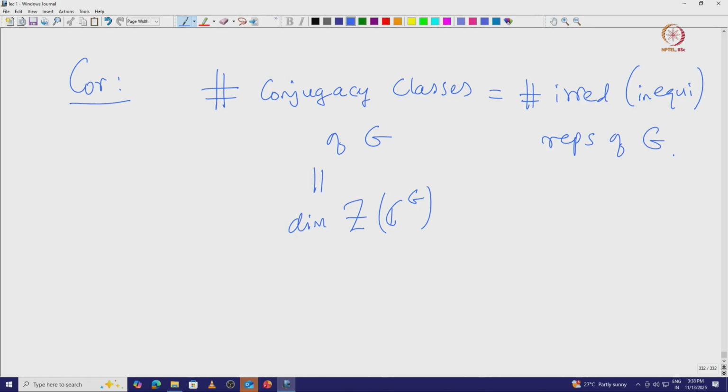This also immediately gives us another corollary, a characterization of finite abelian groups.